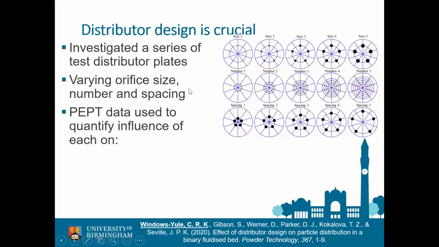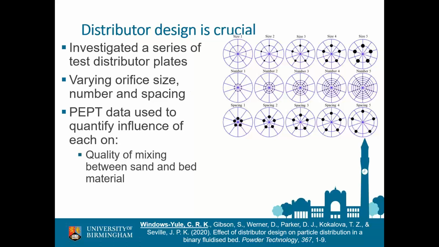And then we use PEPT to take some information from these systems, and we derive a set of indices, one of which measured the quality of the mixing between the bed material and the plastics, and the other of which told us how much defluidization there was, how big the dead zones were within these systems. And by plotting these nice scalar indices, we can tell how much each one of these factors had an influence on the behavior of our fluidized bed.